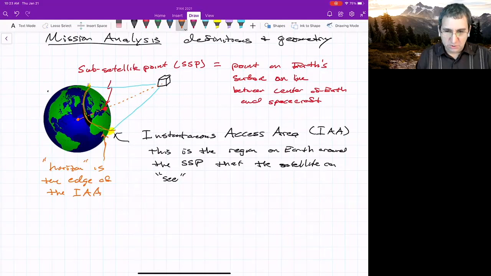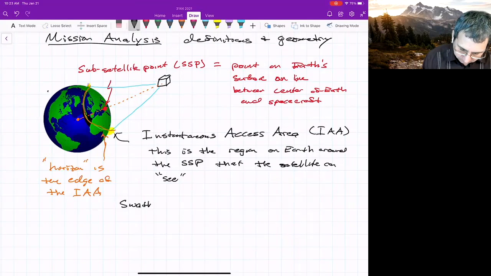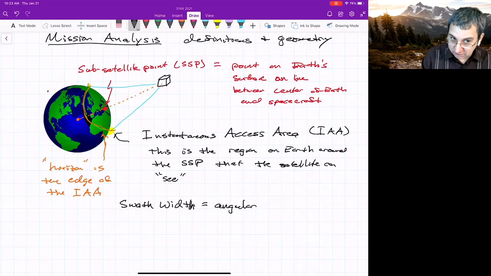There's also this term called the swath width, which is the angular or linear distance from one side of the IAA to the other. So it's kind of the size. But sometimes you just care about the angle that you could view.